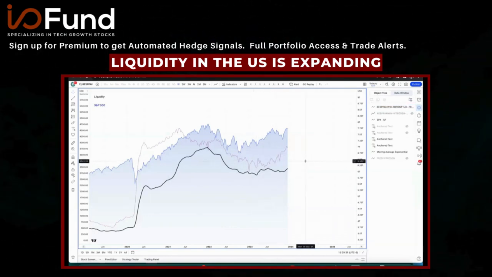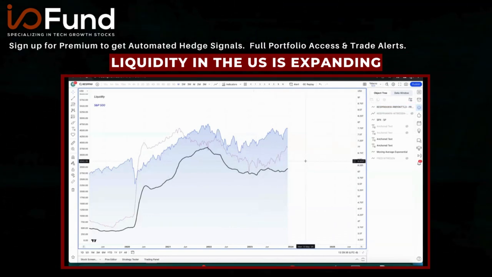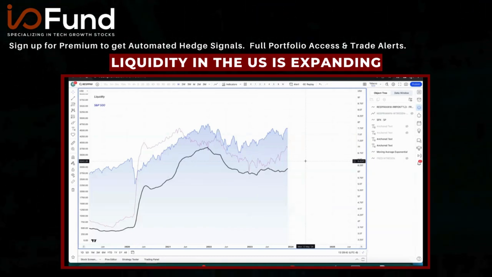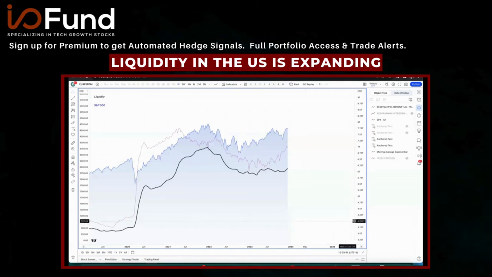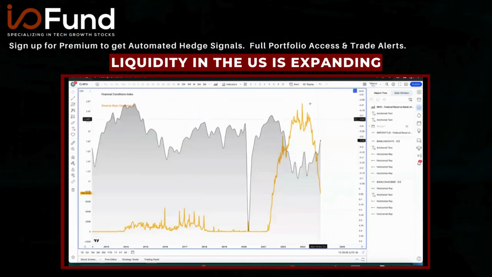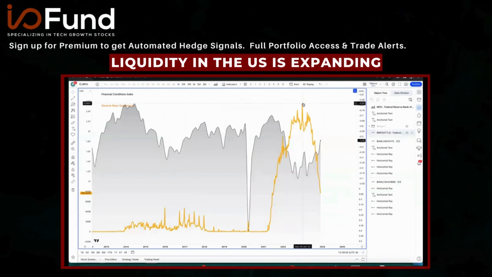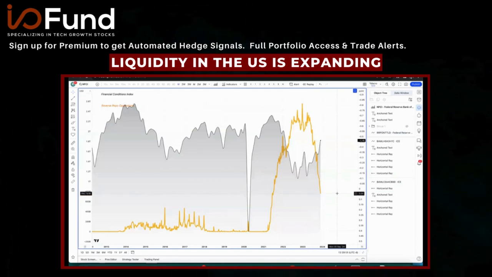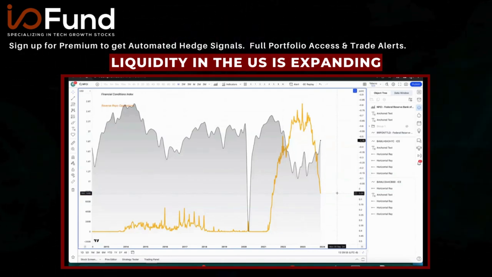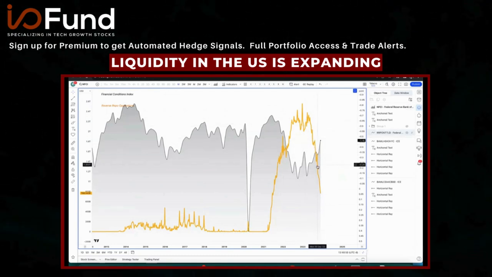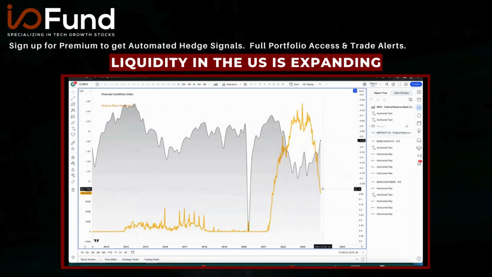So the Fed is doing a round of quantitative easing kind of covertly through the back door, through the reverse repo operations. And back in December of 2022, the reverse repo operations were about 2.5 trillion. Today, they're at about 700 billion. So a very large amount of liquidity is going into the economy.